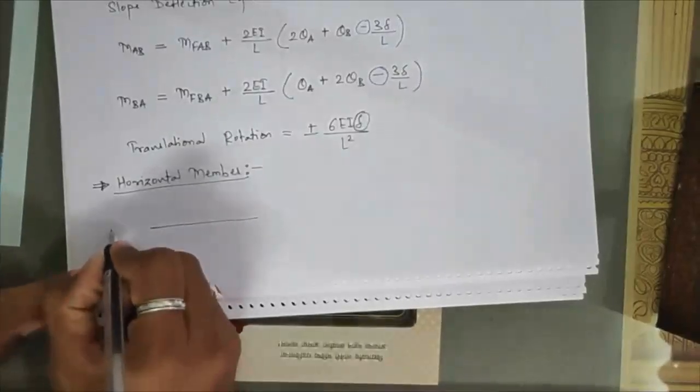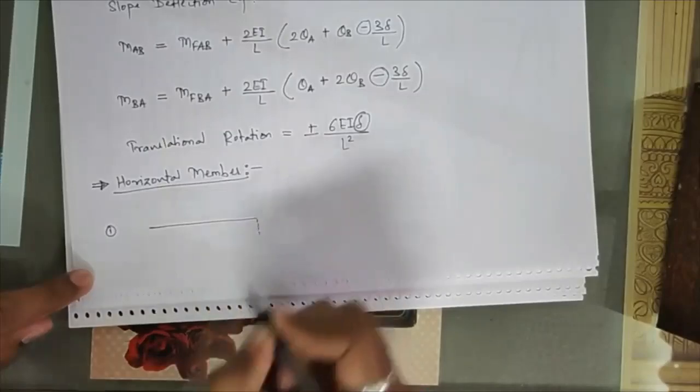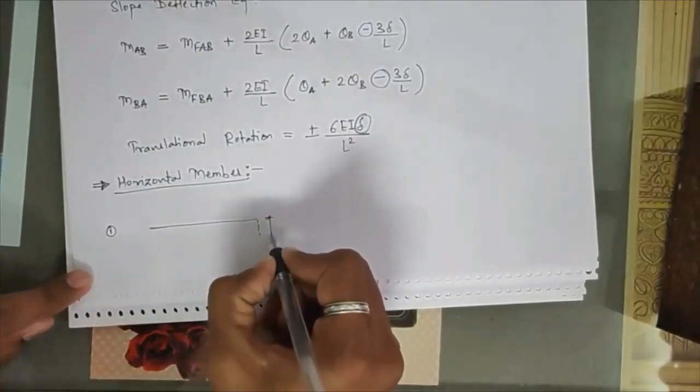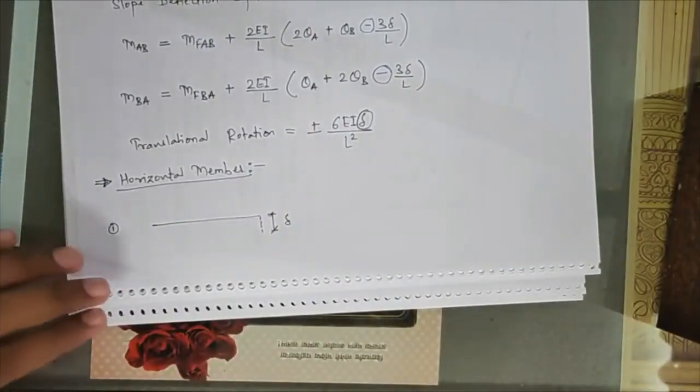Suppose I am considering case number 1, where the right hand joint is deflecting by an amount delta.